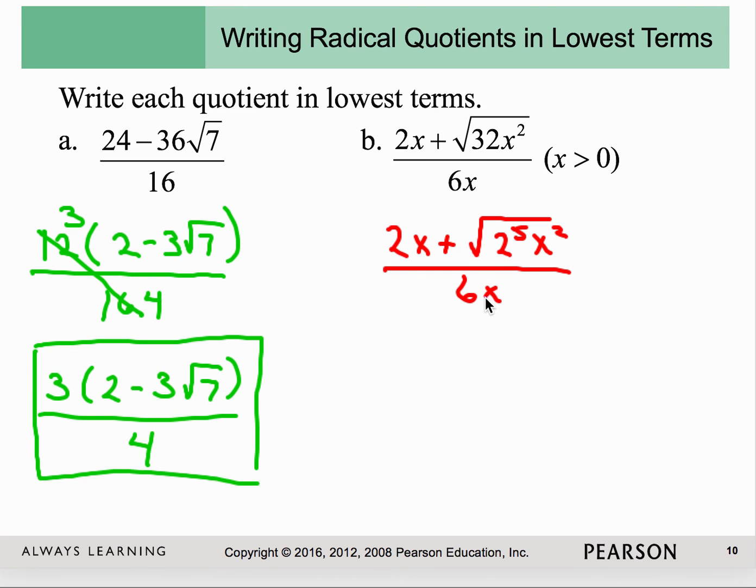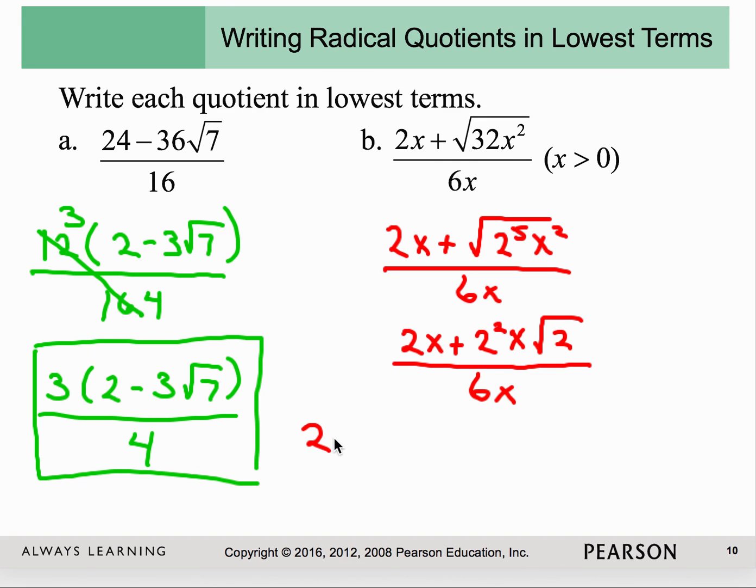Over 6x. All right, so this is 2x plus 2 goes into 5 2 times, so I can bring 2 of those out, but 1's going to be left over. And 2 goes into 2 1 time, so I can bring 1 out with nothing left over. All over 6x. So now I can write that 2 squared.